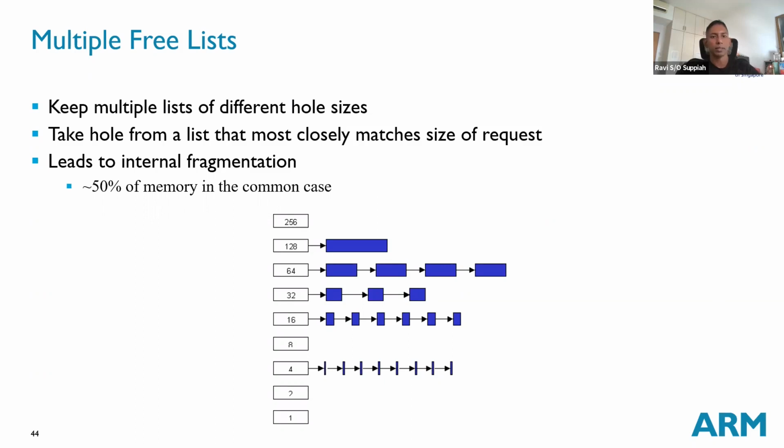For 128 byte blocks, I have certain blocks. For 64 bytes, I have certain blocks, and so on. So I pre-allocate the sizes, and the moment a request comes in, I quickly see which list most closely matches that request, and I allocate from that list. That is one way of keeping all this a lot easier to manage.